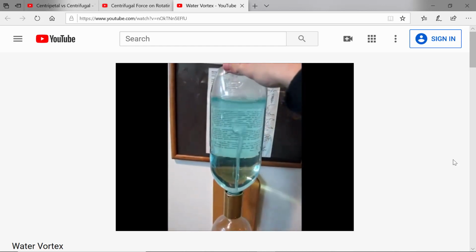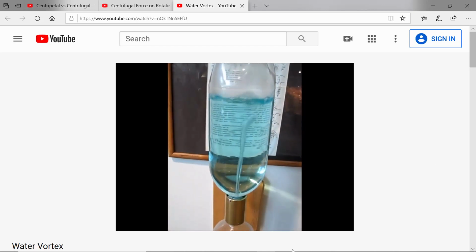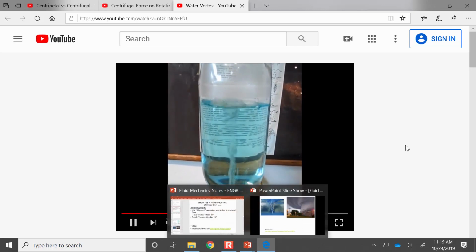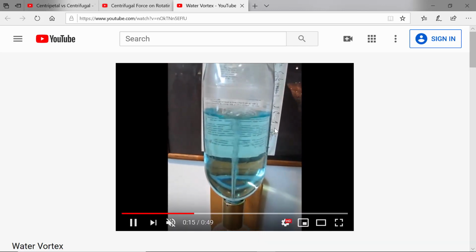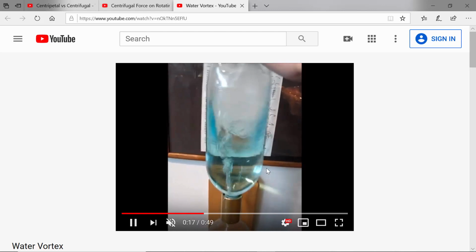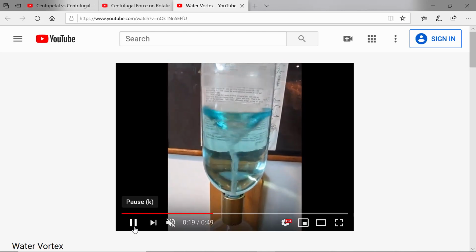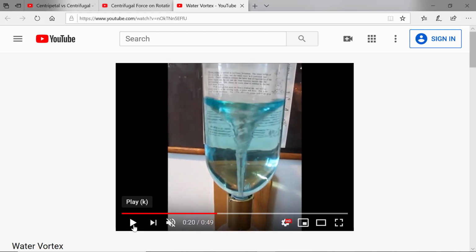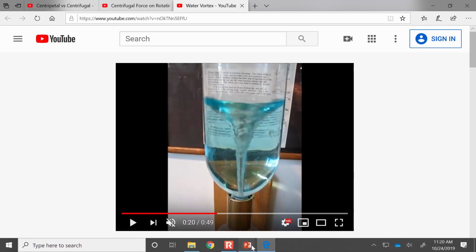And once you have the water draining down through the bottom, the velocity of liquid traveling downward is enough to get it to continue to spin. So that's kind of an interesting DIY visualization of a water vortex.